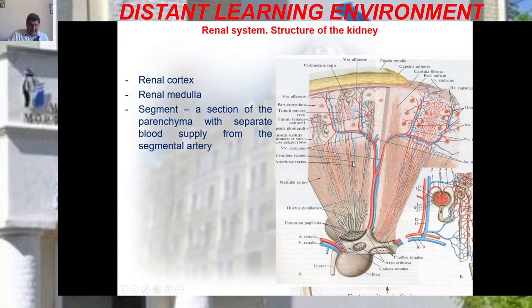The striae of the medulla continue also in the cortex, you may see it here, but are less distinct. They form the radiate part, pars radiata, and you may see a part of pars radiata here. A radiate part of the cortex, whereas the part between them is the convoluted part.